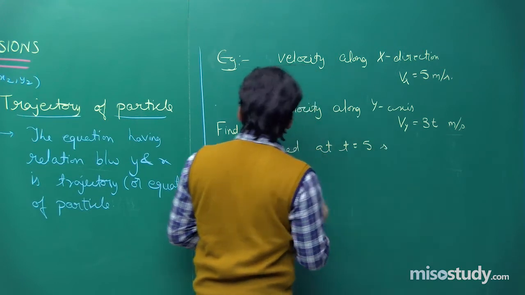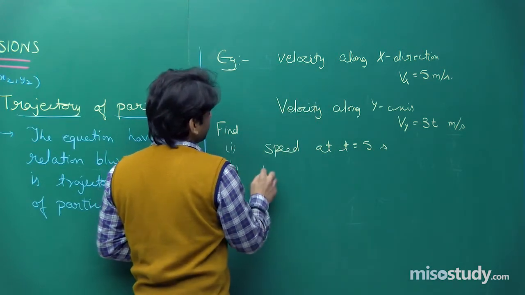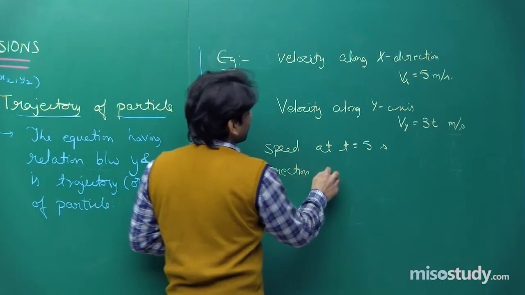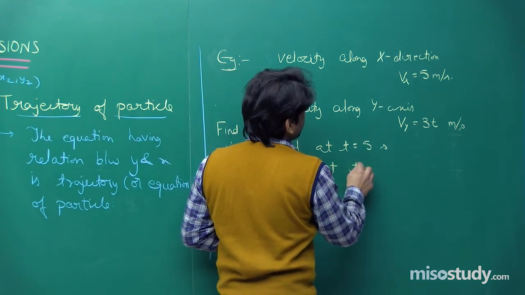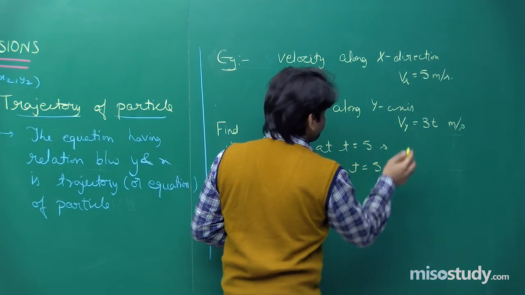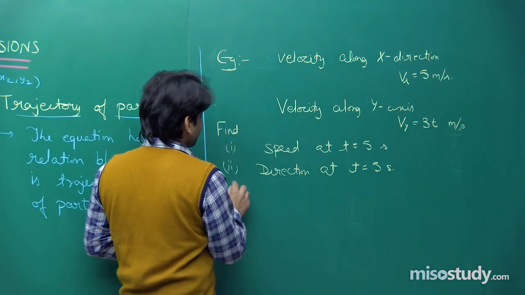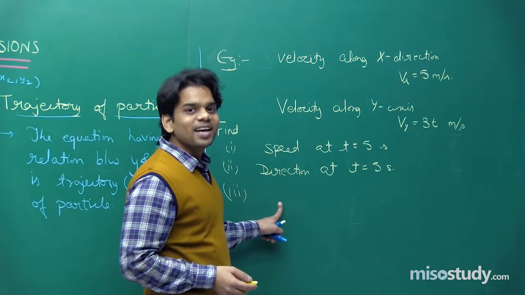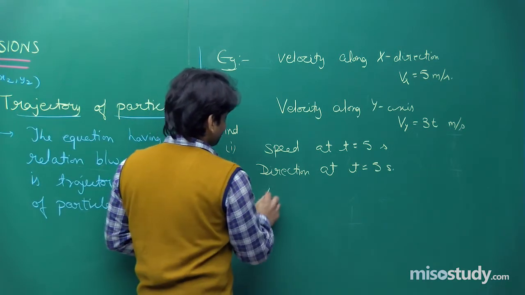Second, find the direction at the same time, at t equals 5 seconds. Third, find the acceleration of the particle at t equals 5 seconds.